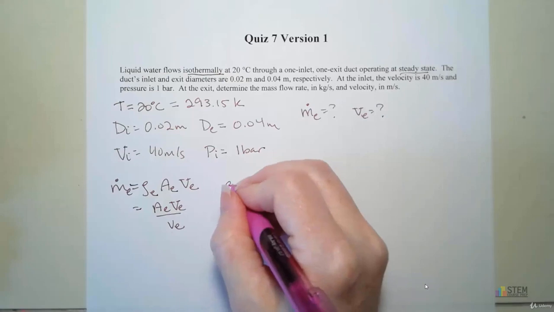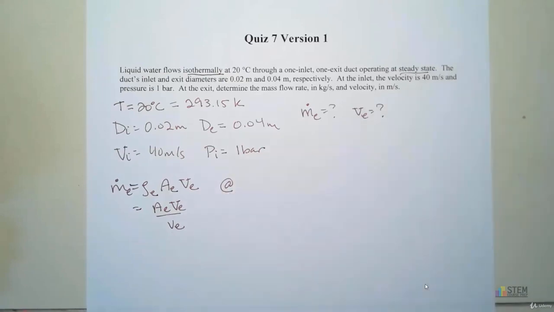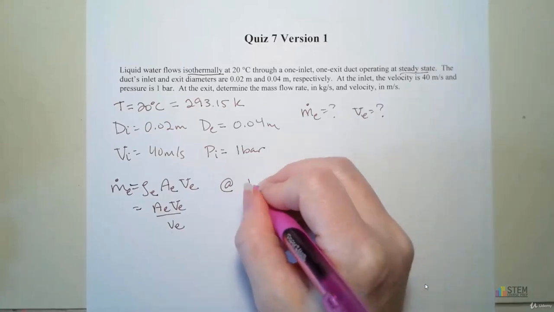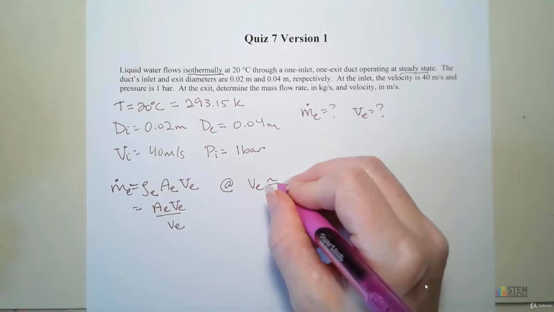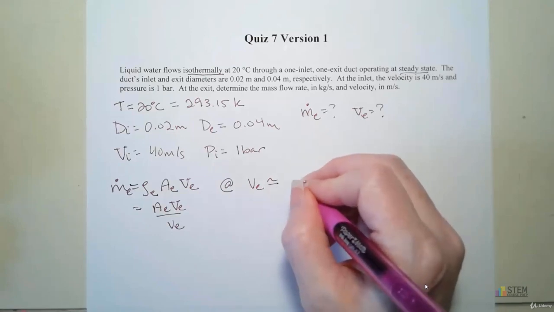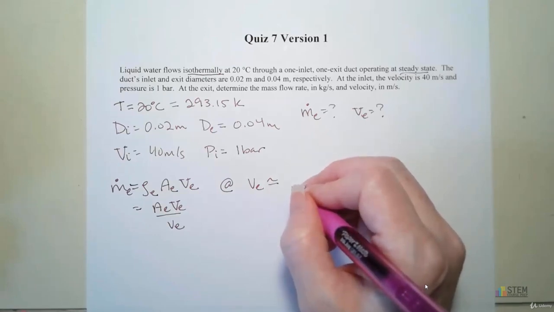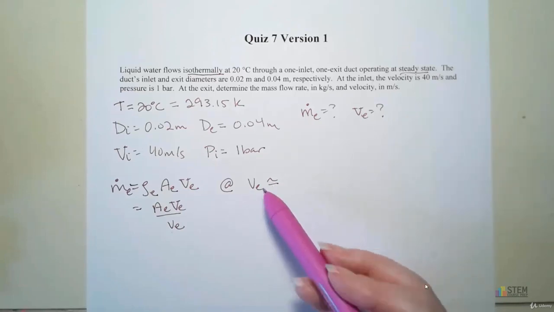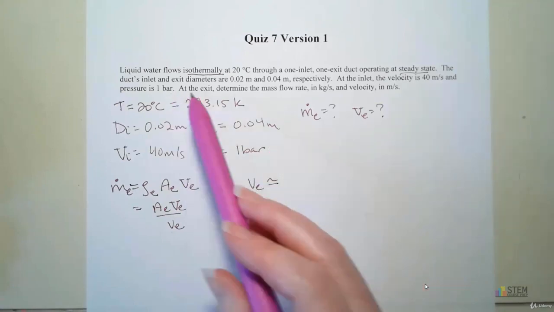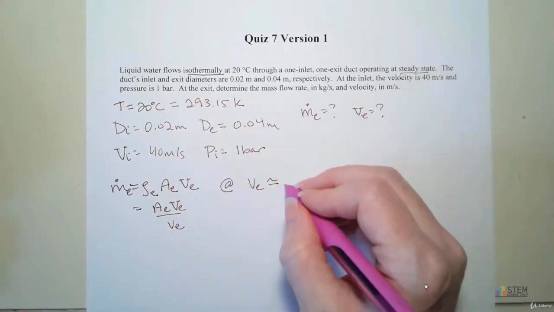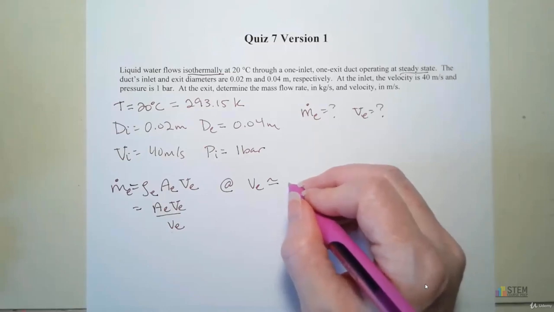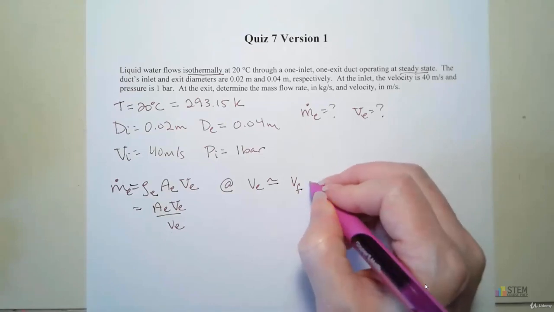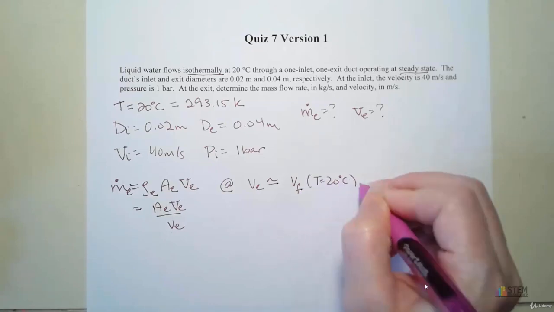So now at the exit, remember our temperature is not changing. So at this exit, we are going to approximate that value using the saturated water table. Because if you look at 20 degrees Celsius and just to get an estimate, you look up 1 bar, you'll find you've got compressed liquid. So we're just going to do an estimate, and we're going to say that vE is approximately equal to the saturated liquid value for a specific volume at a temperature of 20 degrees Celsius.